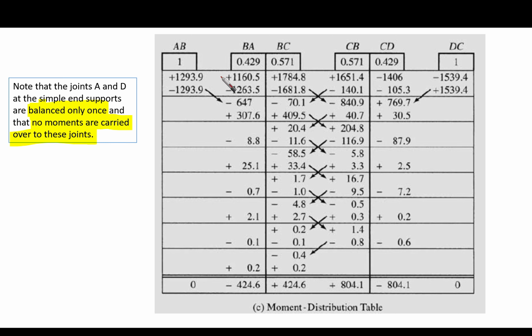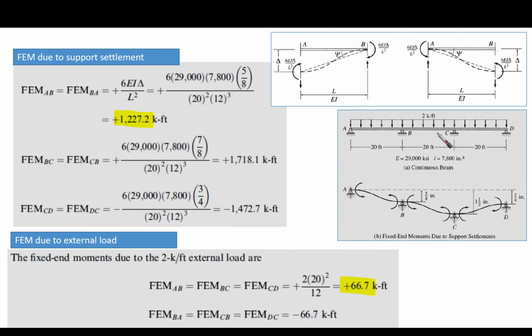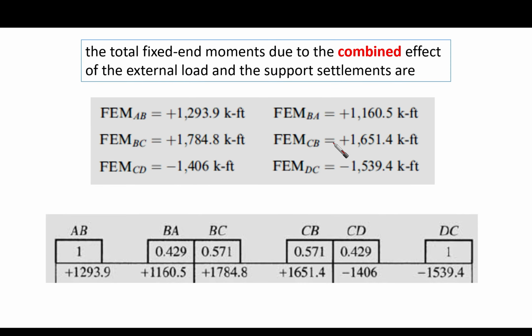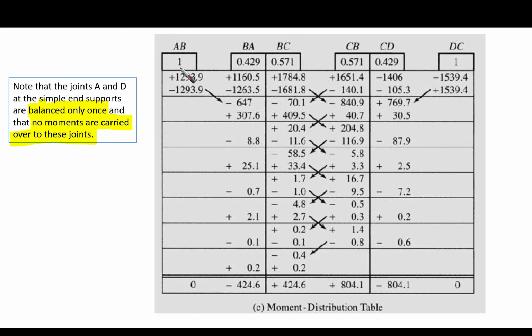The important thing to highlight is that at point A and at point D, as we said, if we go back here and see, they are simply supported, right? For a simple support, we put the distribution factor to be 1, making only one time balance, and then there is no carryover to it.